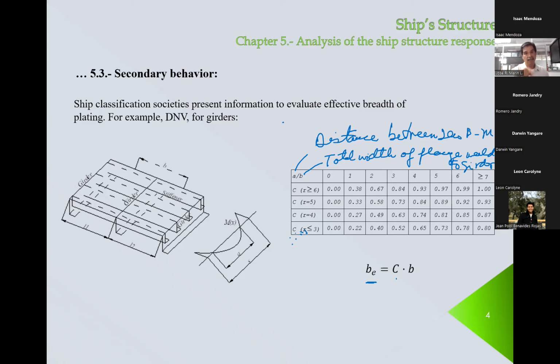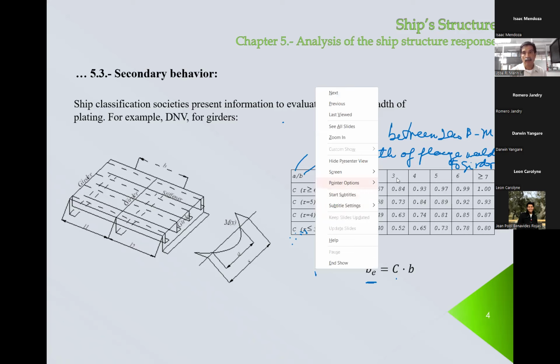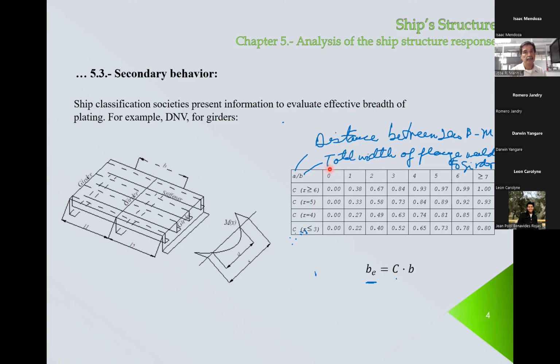In this case, DNV uses A for the distance between points of zero bending moment, and little b for the total. So we have to be careful when using different references.